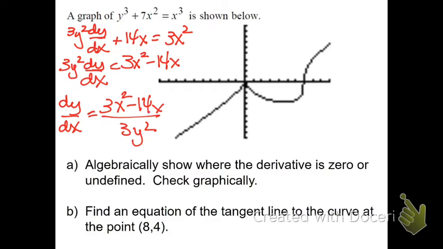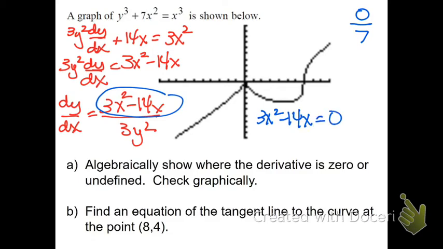Well, this derivative will be 0 if the numerator is 0, because 0 divided by any number is still 0. So the derivative will be 0 when 3x squared minus 14x is equal to 0. So solve that. Factor out an x, and you get x times (3x minus 14).